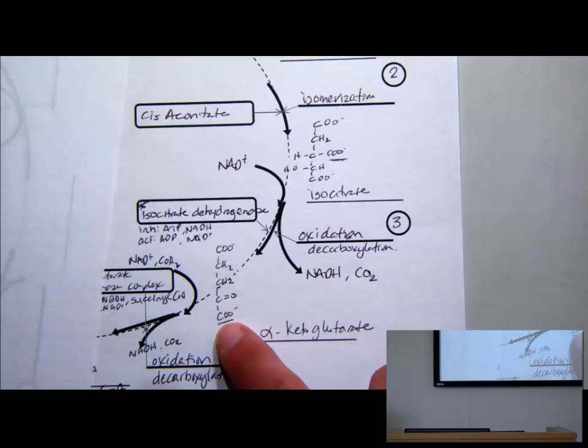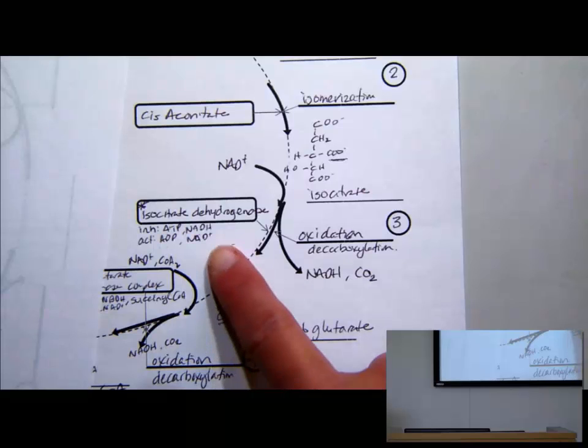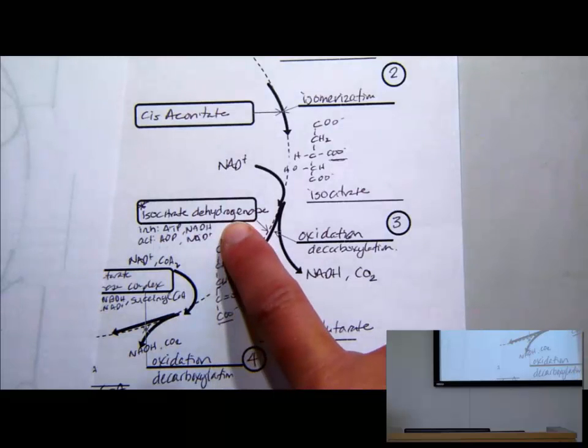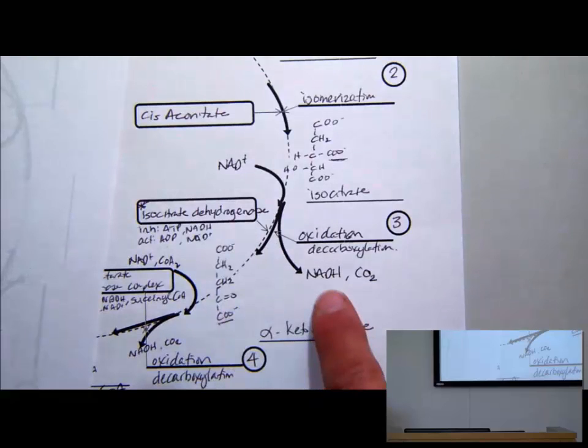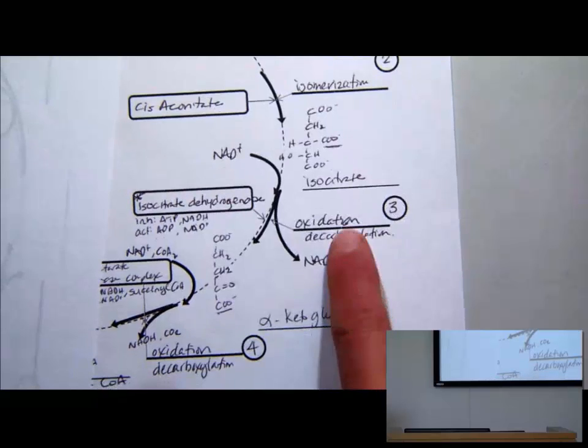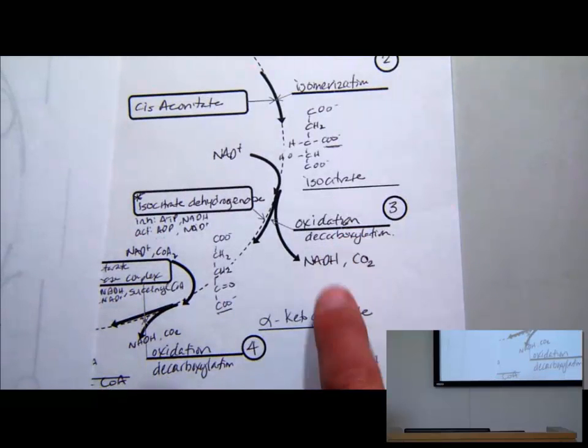So it's isocitrate dehydrogenase. The inhibitors are ATP and NADH, and activators are ADP and NAD+, high levels of each. We gain an NADH and lose a carbon dioxide. You can call this an oxidation and decarboxylation. The product is alpha-ketoglutarate.